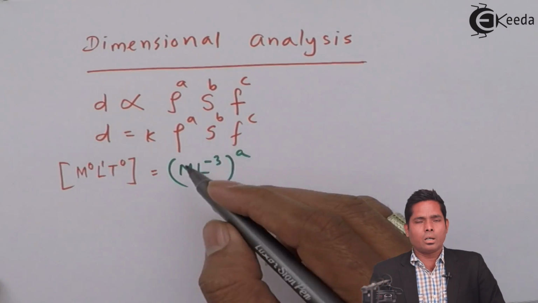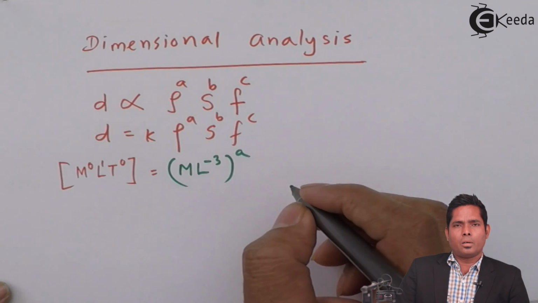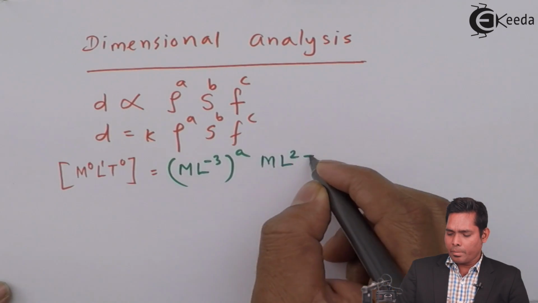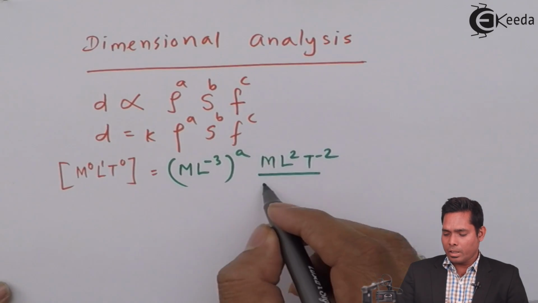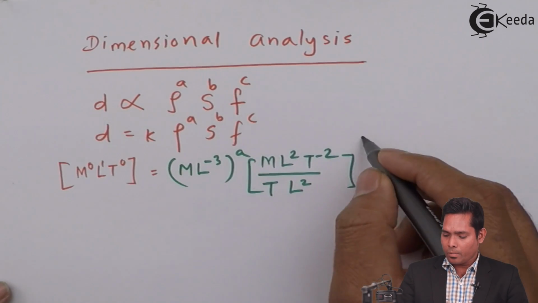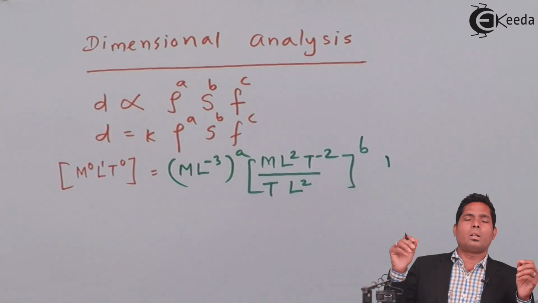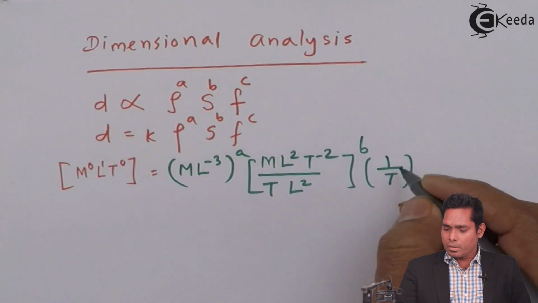S is the intensity of light, which is the energy flowing out per second per unit area. So energy is ML^2T^-2, divided by time T and area L^2, all to the power b. And f is frequency, which is the reciprocal of the time period, so it is 1 upon T to the power c.